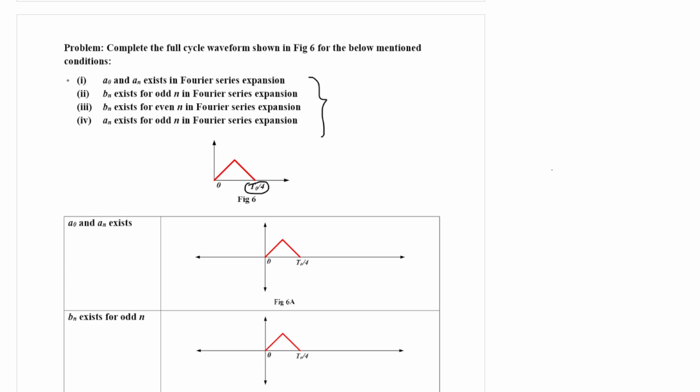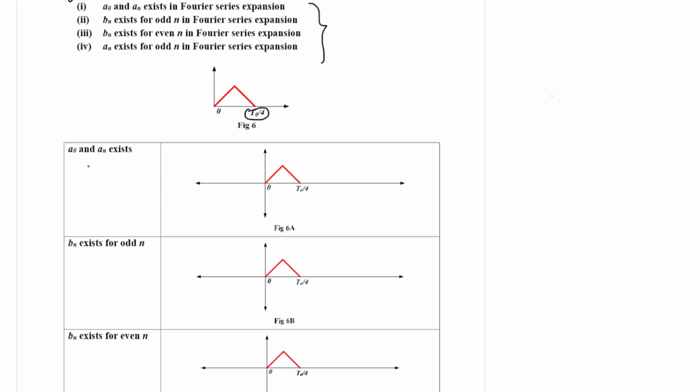So first we have A0 and An existing. If we have A0 and An existing, that means Bn is 0. That means it must be an even symmetric function. So what is an even symmetric function? An even symmetric function, you know, is symmetrical about the y-axis.